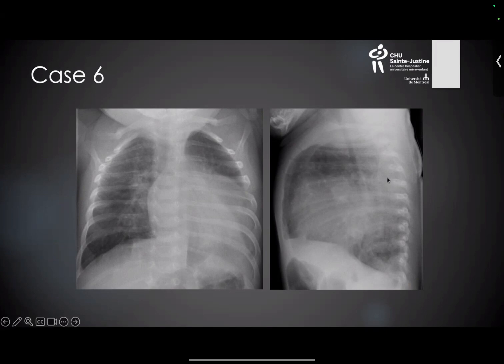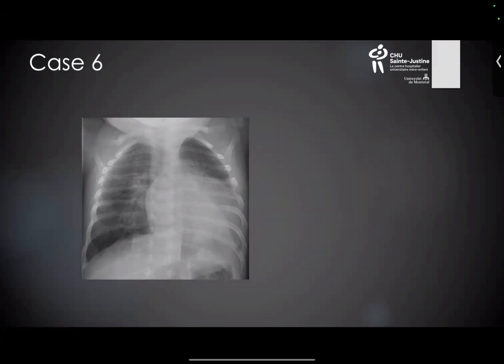You see that the lungs are hyperinflated. You see that the heart is big, especially the left side of the heart, not that much the right side. And here you see the complete atelectasis of the left lower lung with no pleural effusion.